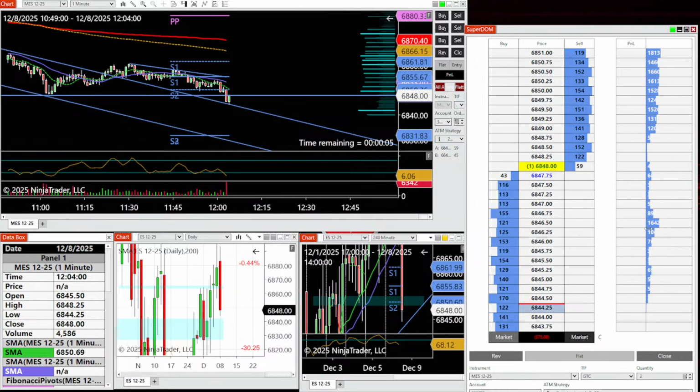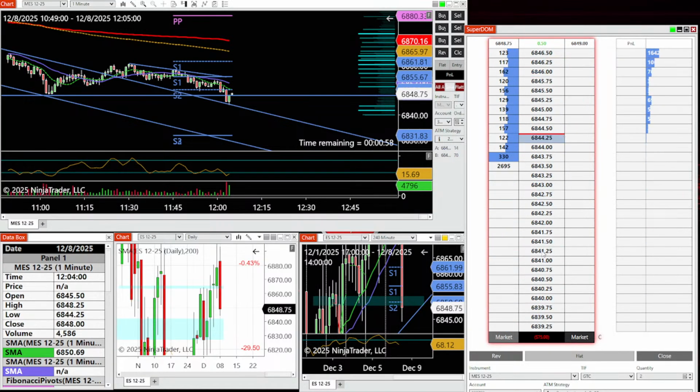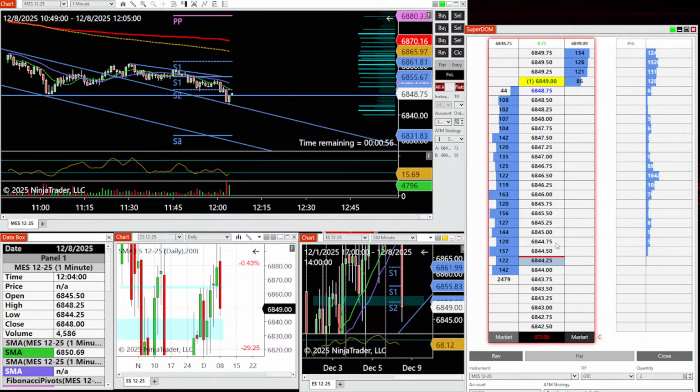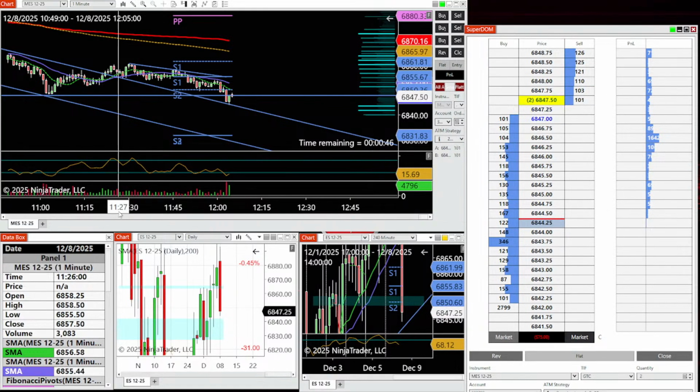Got 46 here. It stayed here for a second. There's nothing below that. That was overnight lows. Well, not overnight lows, but that wasn't overnight lows.